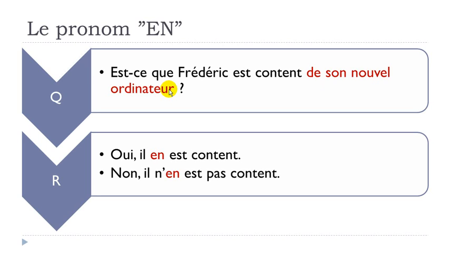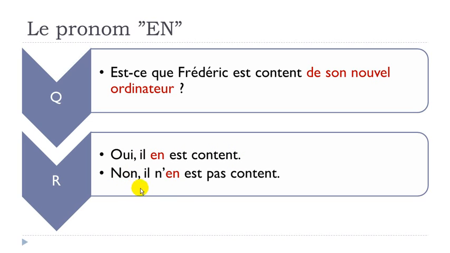Okay, so the concept is that we will use this pronoun en instead. Oui, il en est content. All right, so en, same thing here, before the verb. And then after that, of course, you continue your sentence because satisfied should be in the answer. Okay, so oui, il en est content.